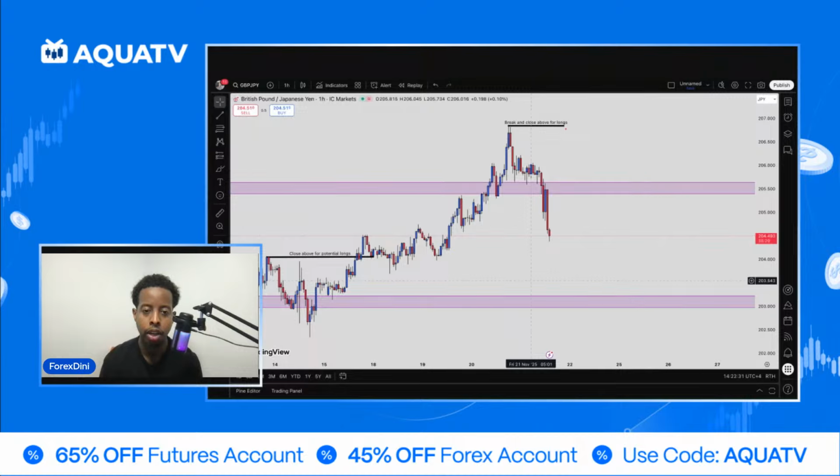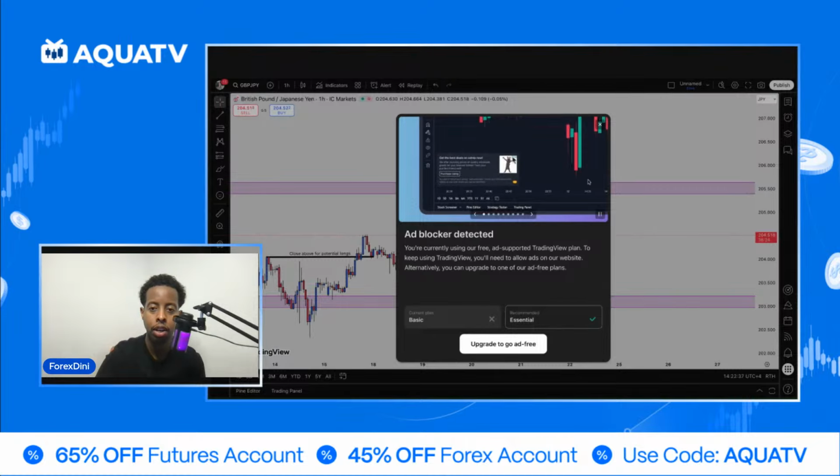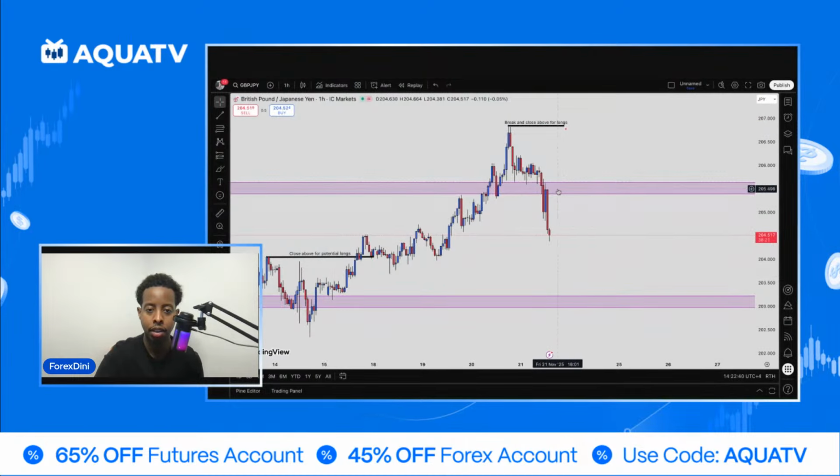Okay, it's in between. So you have to wait for a break above resistance or a break below support to consider trading, depending on your strategy. Okay, definitely not with my strategy.